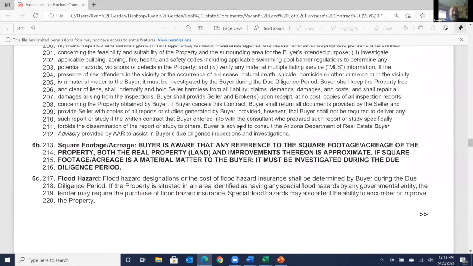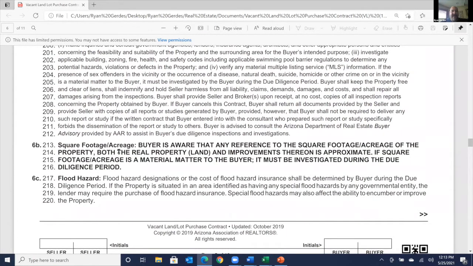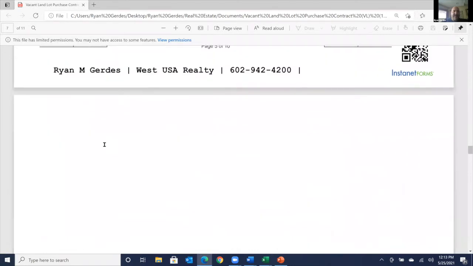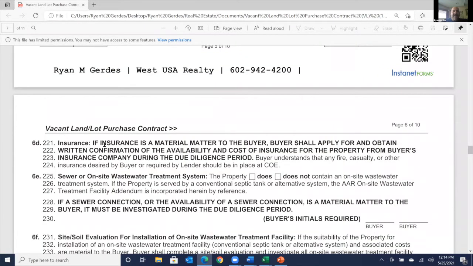Buyer, it's up to you to determine whether or not the square footage is accurate. Buyer, it's up to you to determine whether or not there is flood insurance required on the property, or if there is any flood dangers. It is up to you to do any inspections on that. Buyer, it is up to you to determine whether or not the insurability of the property is sufficient.